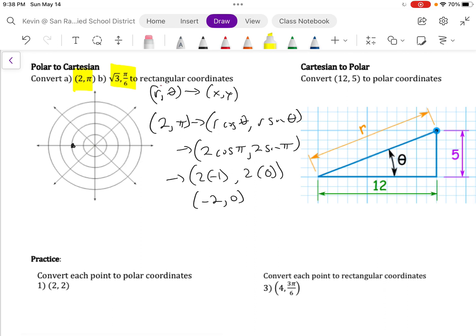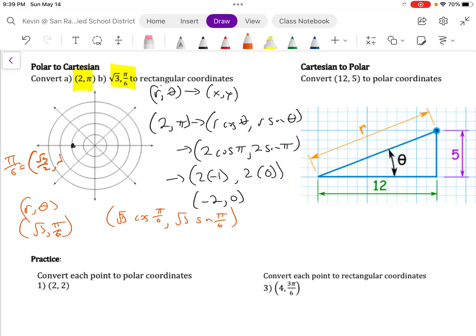Let's look at the second one here. This is √3 and pi over 6, so our r theta is √3 and pi over 6. We're going to go √3 cosine of pi over 6, and √3 sine of pi over 6. Of course, we have to remember our unit circle. For pi over 6, cosine is √3 over 2 and sine is 1/2.